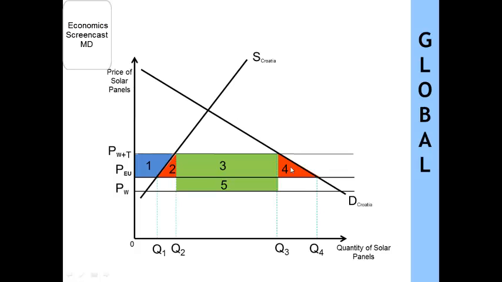So whether welfare is increased within Croatian society depends on whether or not Area 2 plus 4 outweighs Area 5. If it does, there's a net improvement in social welfare in the Croatian market. If it doesn't, there's been a net welfare loss in the Croatian market.